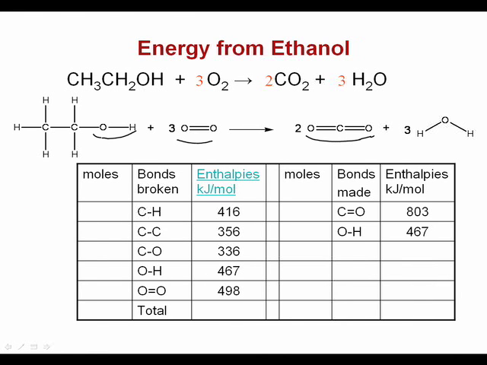I gave this to you in your chart, but each bond has an energy associated with it. For example, the carbon-hydrogen bond would take 416 kilojoules per mole to break. And conversely, how about over here? Let's come over here for our products. All right, I get 803 kilojoules per mole emitted, given off every time I form, that is, make one of those.